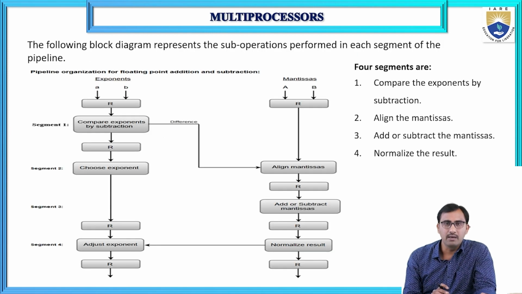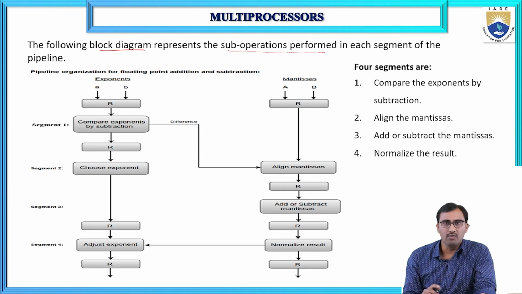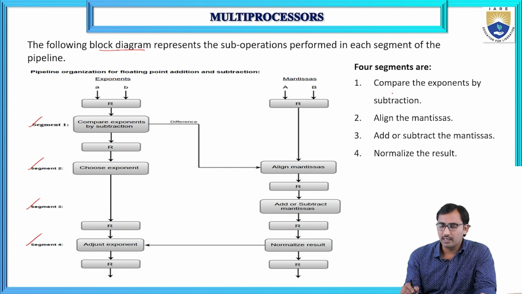This is a block diagram representing the various sub operations performed in each segment of the pipeline. We have four segments: segment 1, segment 2, segment 3, and segment 4. In segment 1, we compare the exponents by subtraction.